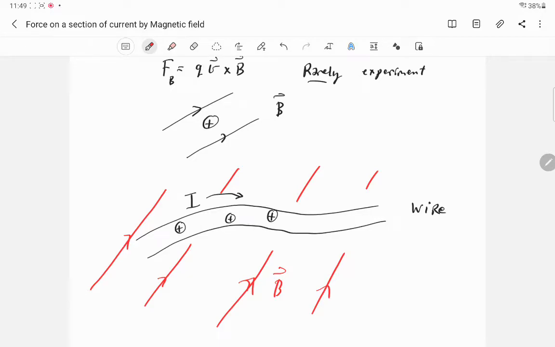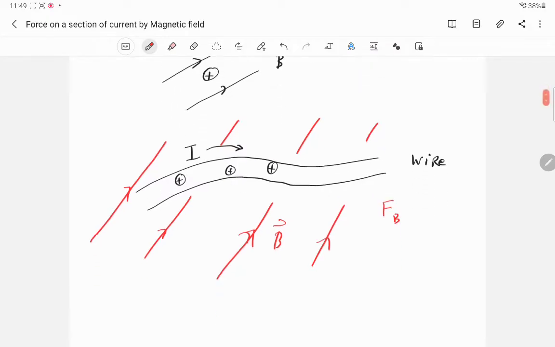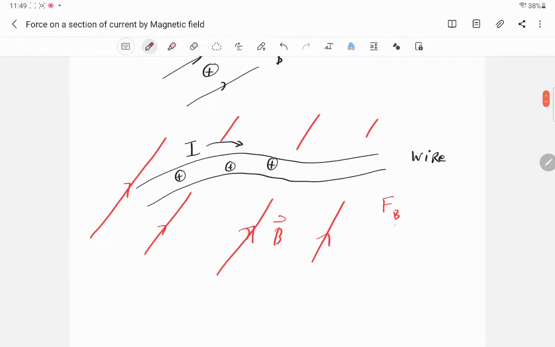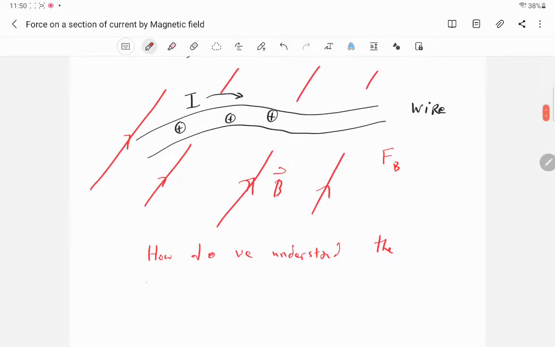It can deflect the wire with a magnetic force. And that's what I want to talk about now, is how do we understand the magnetic force on a current carrying wire.